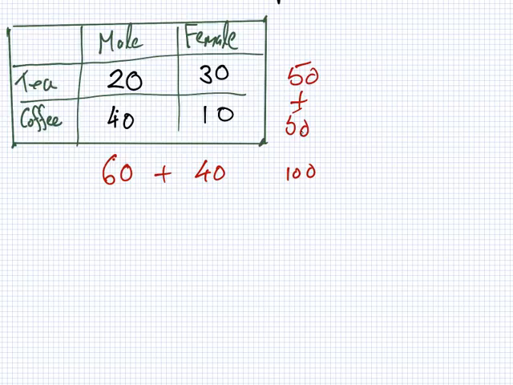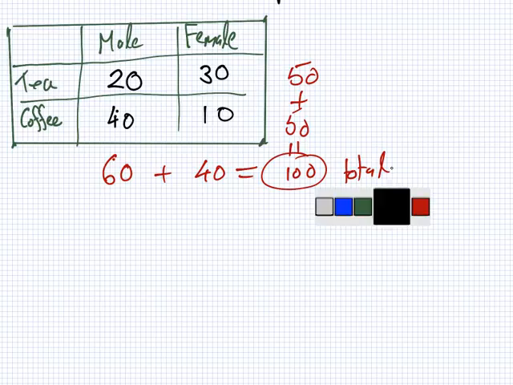In the first case, you're splitting people by gender. In the second case, you're splitting people by preference of drink, but it's still the same number of people. So these two should add up to make the same number here, which is the total number of people. Okay?